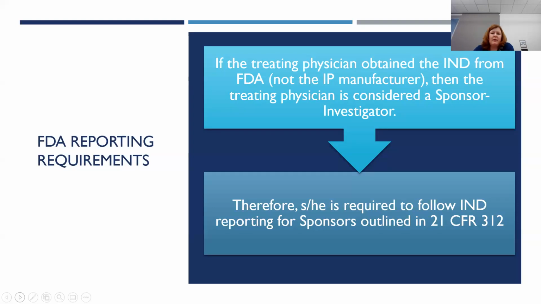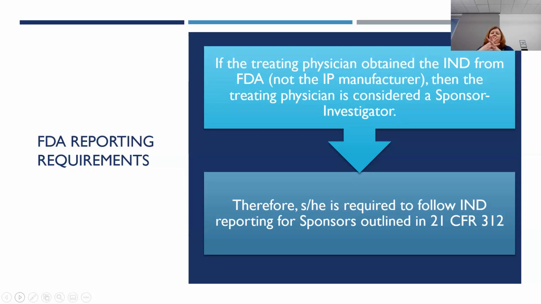Okay, so that was the initial access to the investigational agent. Now, what are the follow-up requirements after that initial access? How do you maintain compliance with the FDA regulations? If your treating physician has contacted the FDA, that's when they're considered the sponsor investigator.